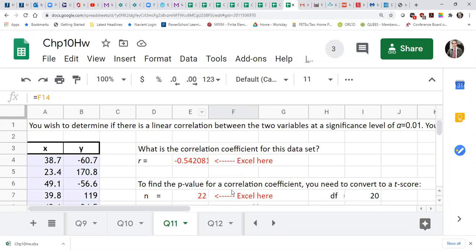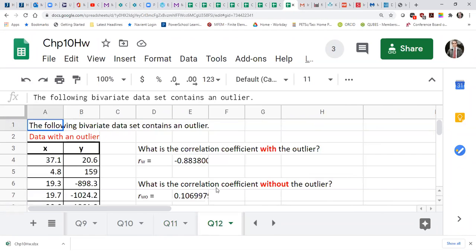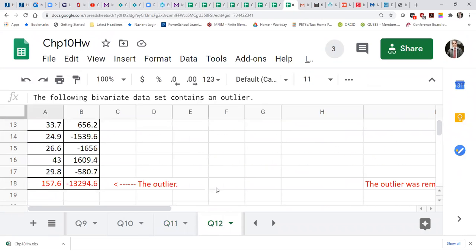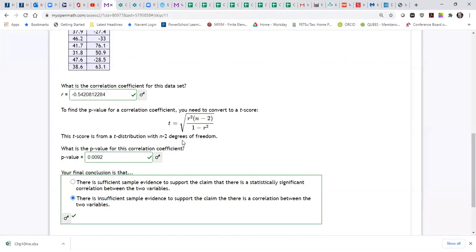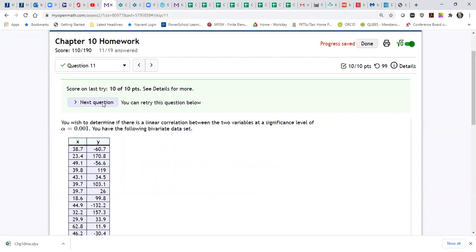Okay, so now we continue with number 12, right? Go to number 12.